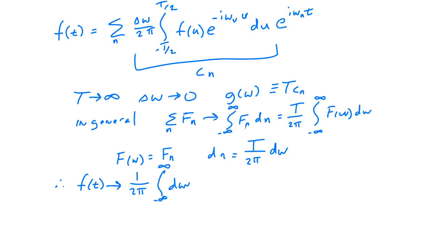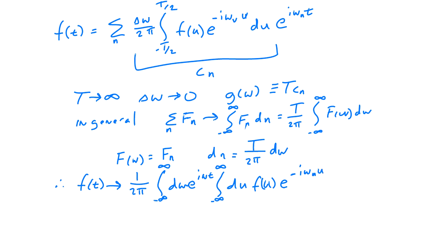Sorry, that should be an omega, times the exponential of i omega t times the integral from minus infinity to infinity of du f of u e to the minus i omega u.